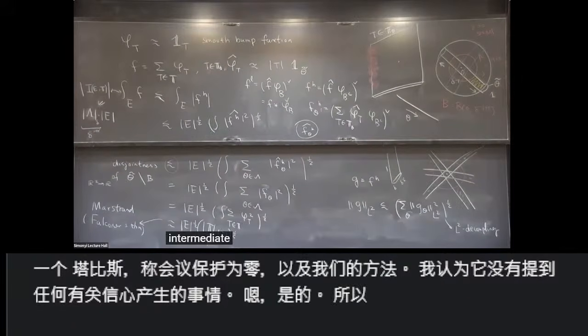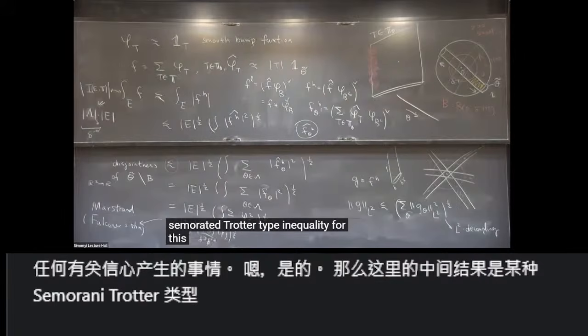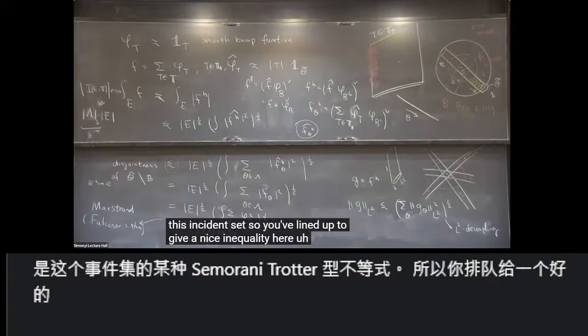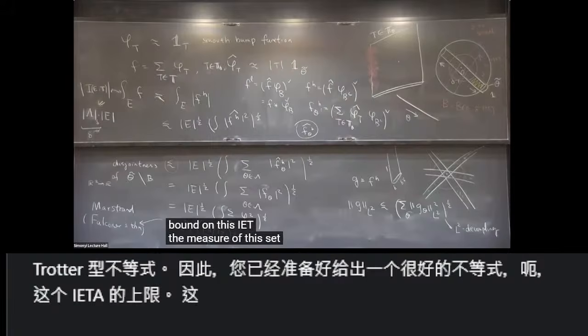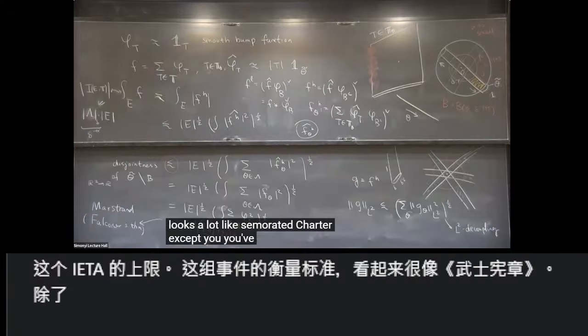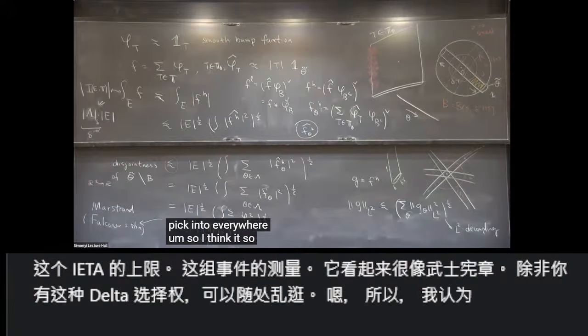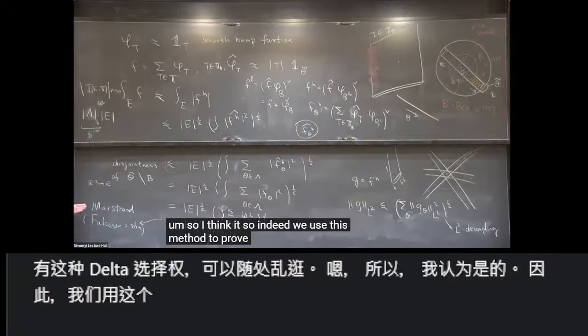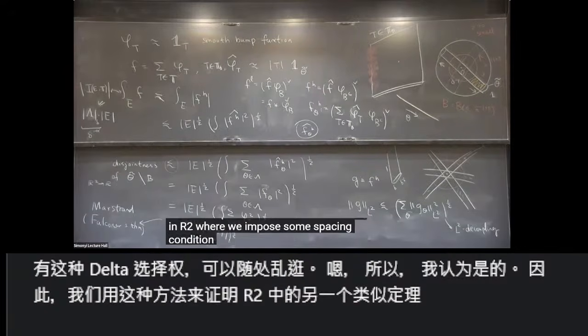Is an intermediate result here some sort of Szemerédi–Trotter type inequality for this incidence set? You've lined up to give a nice upper bound on the measure of this set of incidences. It looks a lot like Szemerédi–Trotter, except you've got this delta thickening everywhere. Indeed, we use this method to prove a Szemerédi–Trotter-like theorem in R2, where we impose some spacing condition between the tubes.